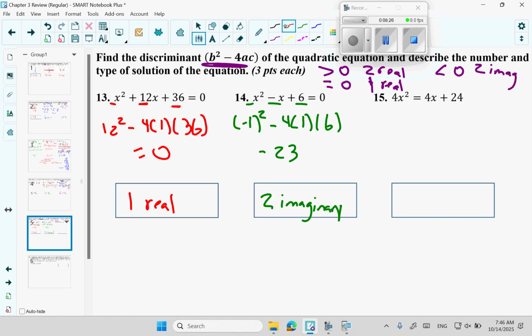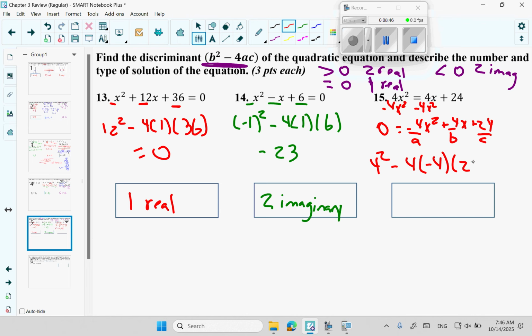And we need to get everything to one side here, so we can minus 4x squared. So we get 0 equals negative 4x squared plus 4x plus 24. A, B, C. So we're going to get 4 squared minus 4 times negative 4 times 24.